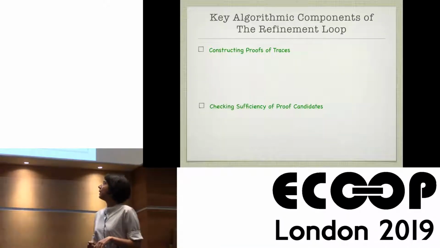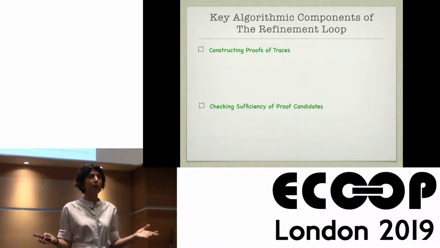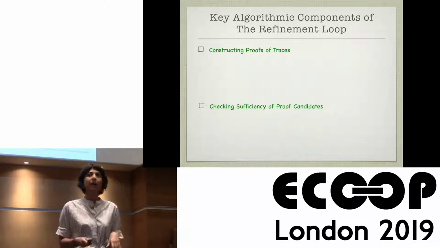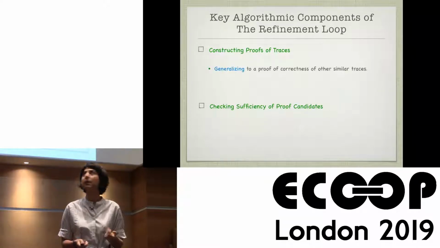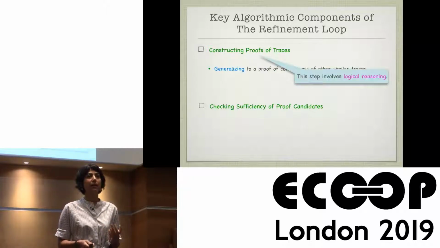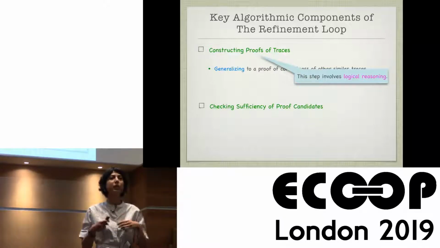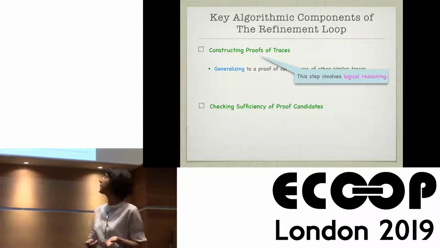Now, there are advantages to doing this sort of decomposition. One advantage is, when I do proof construction for these simple entities that are individual traces, I can do logical reasoning in a domain which is simple, right? These simple programs that I mentioned. And I don't have to care about all these complex program features mixed with my logical reasoning.